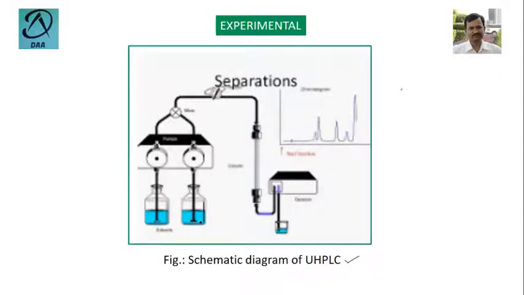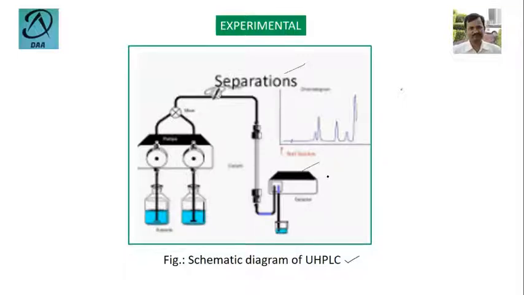We used to do the gradient from these two solvents, and then after mixing with the sample, these gradient solvents will go through the separation and ultimately come to the detector to detect.